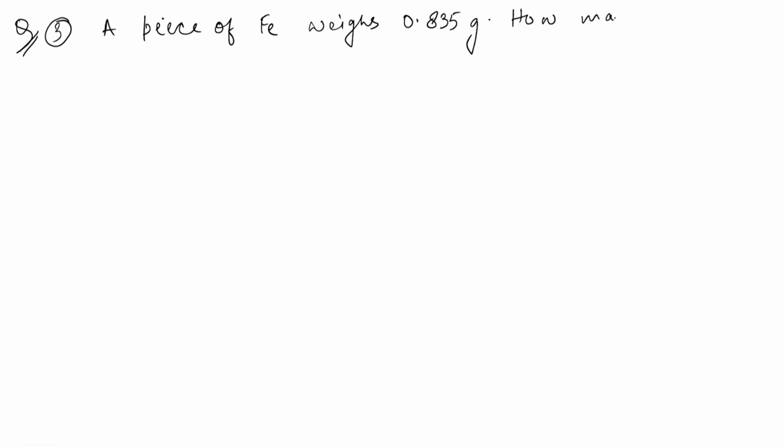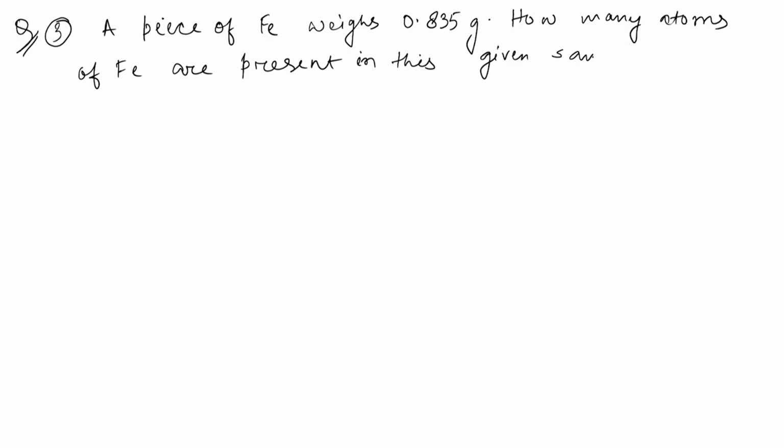So, how many atoms of iron are present in this given sample? Okay. So, a piece of iron weighs 0.835 grams. How many atoms of iron are present in this given sample?